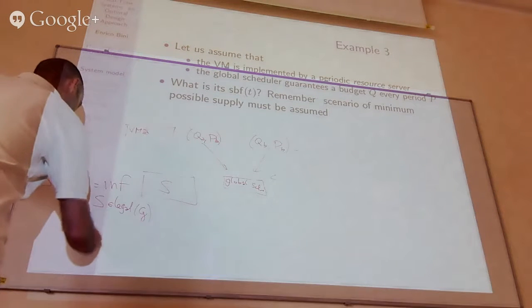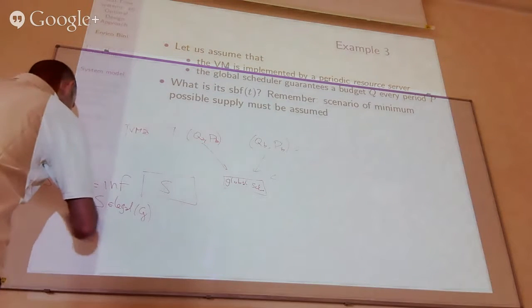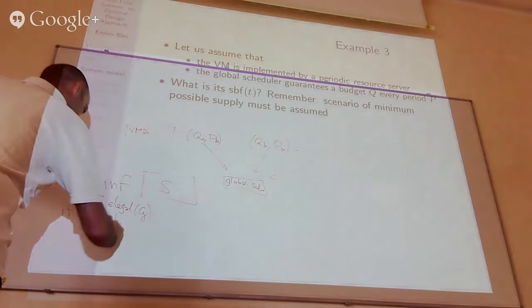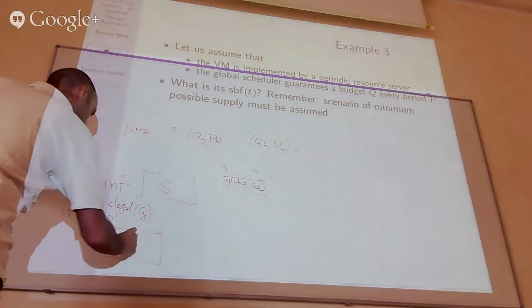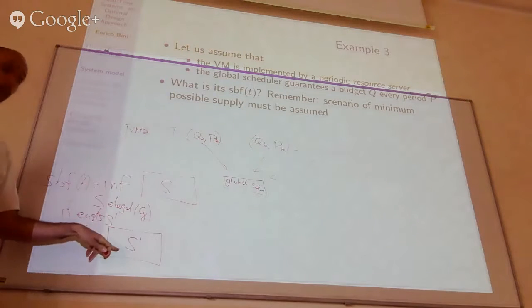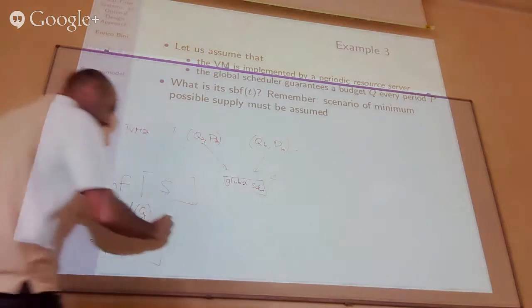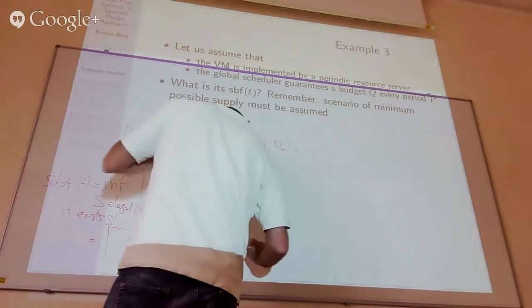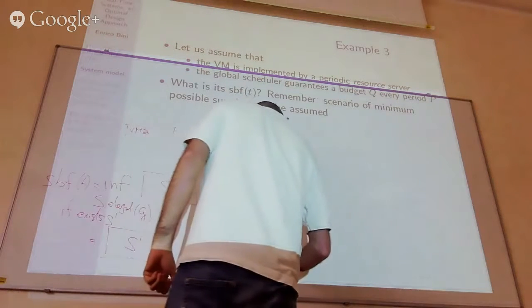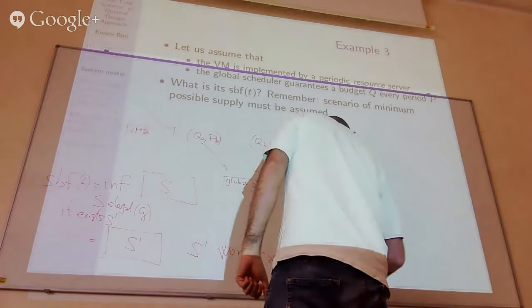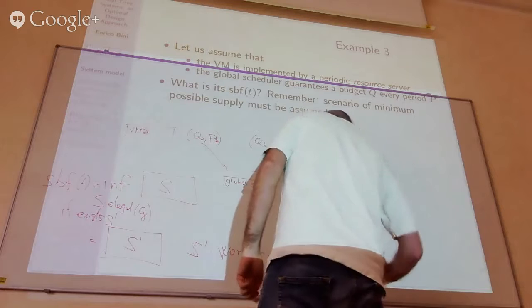So if there exists S prime such that the inf is given by S prime of the same stuff, then S prime is called the worst case resource schedule.